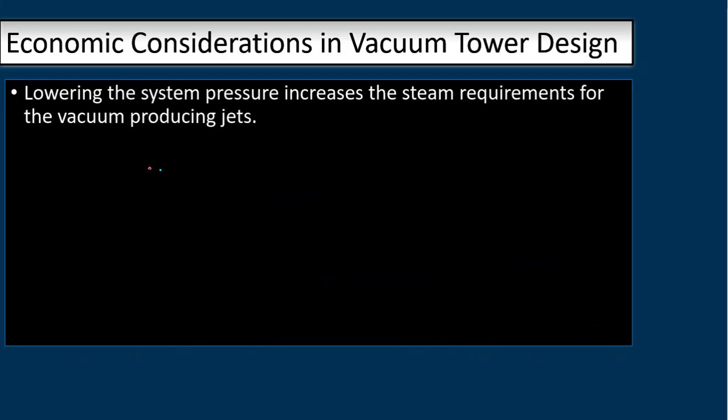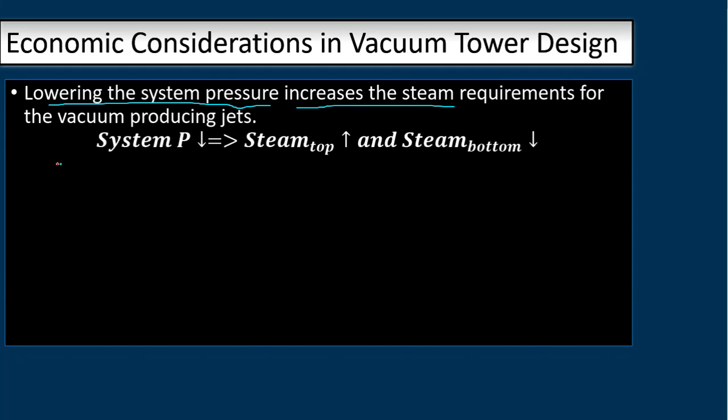Now comes the second one, when we are lowering the system pressure. What does it mean? It means you are controlling the system pressure with steam jet ejectors, so you are increasing the steam at the top. That's the simple meaning. If you decrease the system pressure, top steam requirement increases, but bottom steam is not desirable, because 45% is achieved simply by lowering the pressure with the help of top steam.